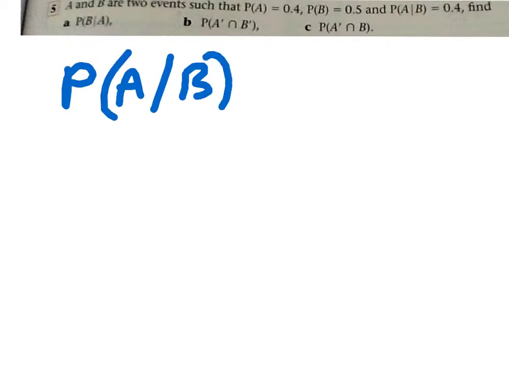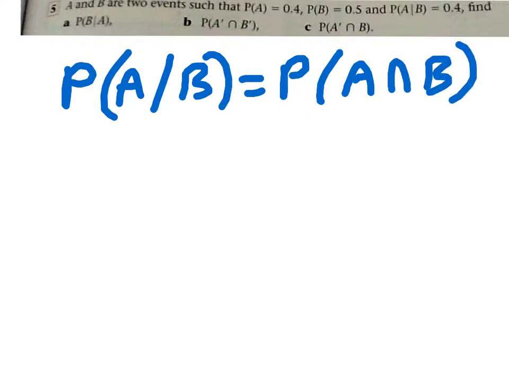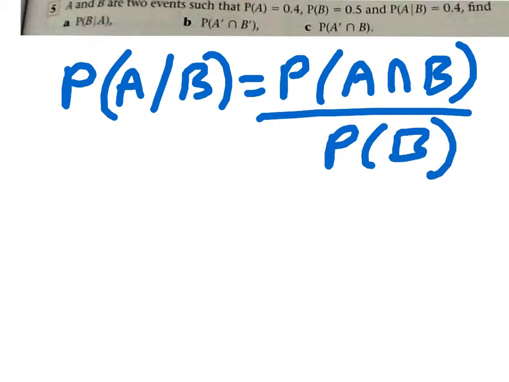Okay, we know that the probability of A given B will be the probability of A intersection B out of the probability of B. So we start by putting our numbers into that. The probability of A given B is given to you as 0.4.